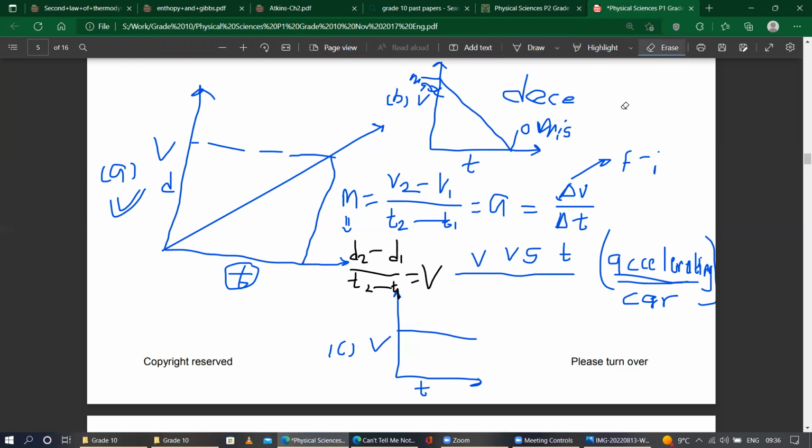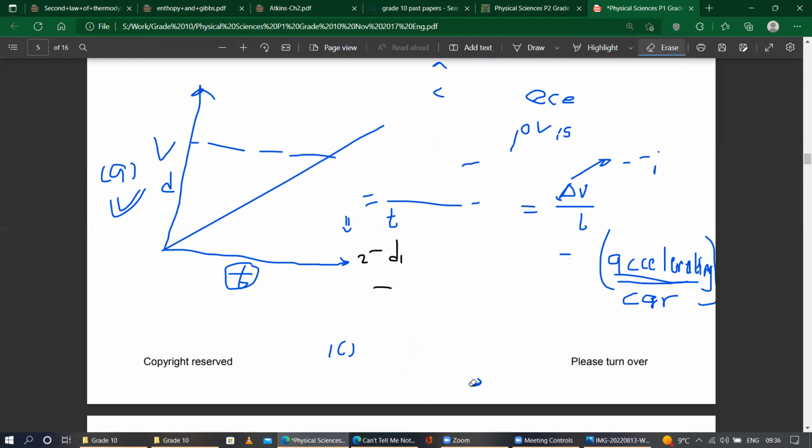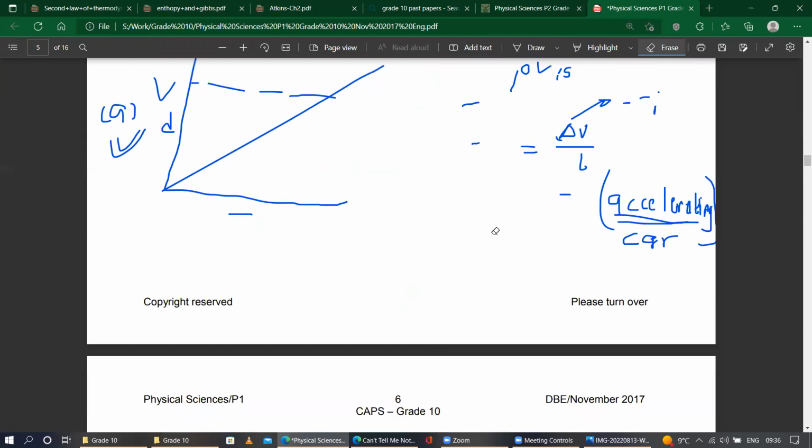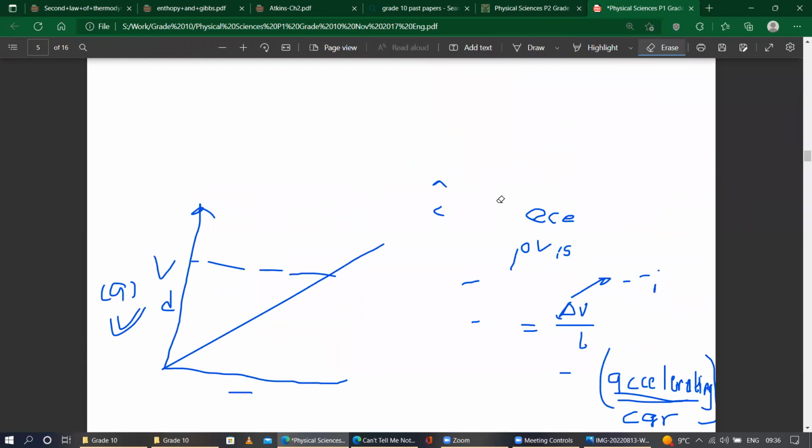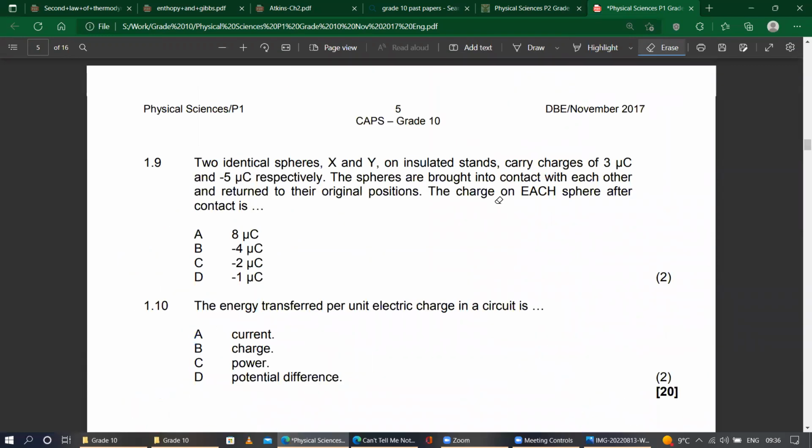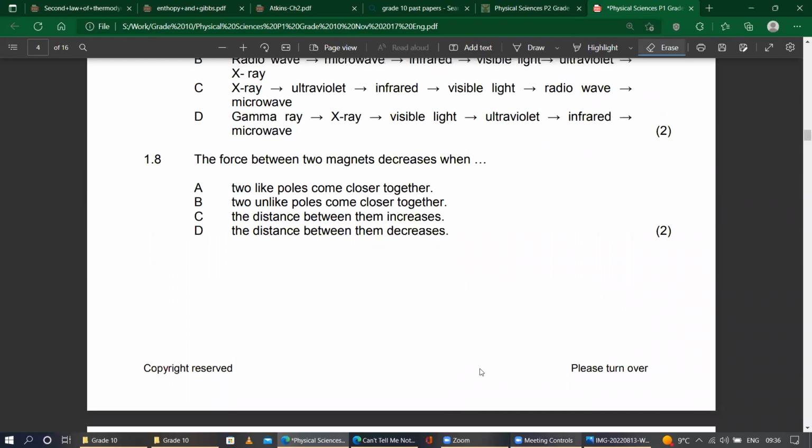Let me just erase everything. Do you have any more questions? No, not on this. But if you go back to the page I sent, the papers that I sent. Oh, okay, this one.